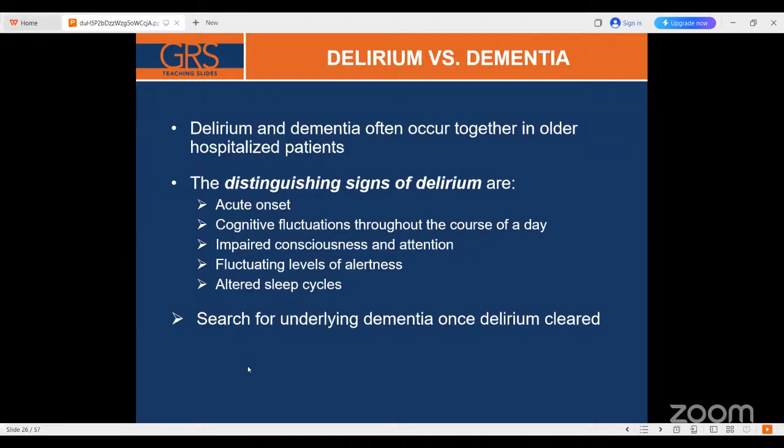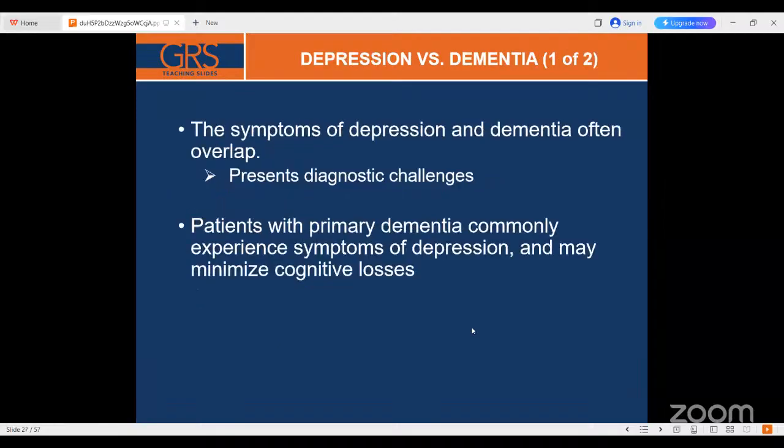The distinguishing signs of delirium are acute onset, cognitive fluctuation throughout the day, impaired consciousness and attention, fluctuation in alertness, and altered sleep cycle. And once the delirium has ended, we have to search for whether the patient already had dementia before.